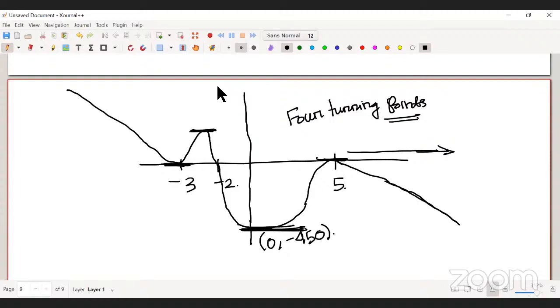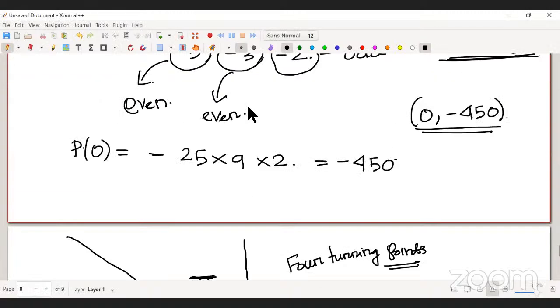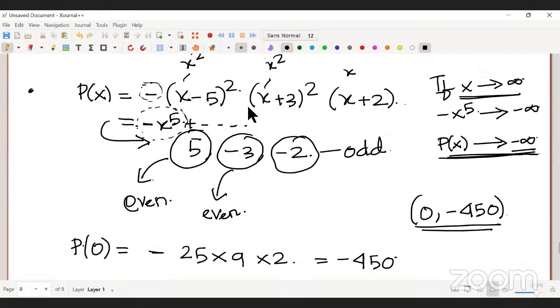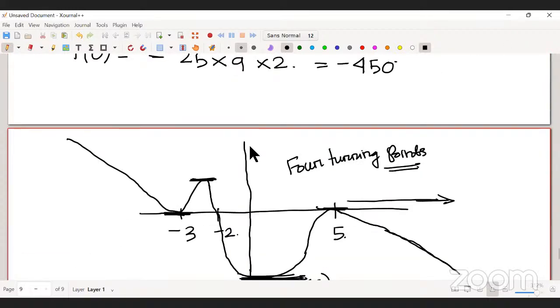Sir, if it is coming with x3 or x4 or x5, something like that, how is it? Sorry? Roots? That doesn't matter. We don't care whether it's 5 or 7. The only thing we care about is whether it's even or odd, right? When you have odd, it will cross the x-axis.